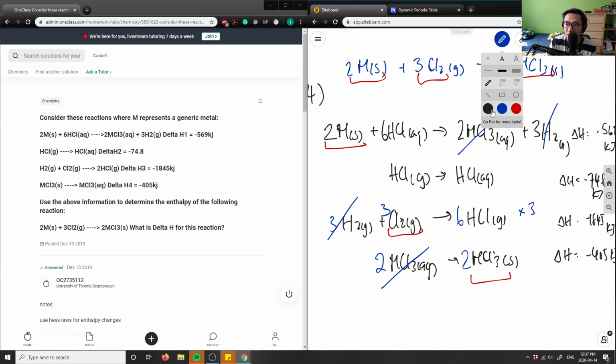So all I'm left with is I have to deal with HCl aqueous, HCl gas, and HCl aqueous on this side, right? And as I can see here, I have an HCl gas on one side, but I have an HCl aqueous on the other side. And so I can't cross those two out, but I can cross out this gas here and this gas here only if I multiply this here by 6, right?